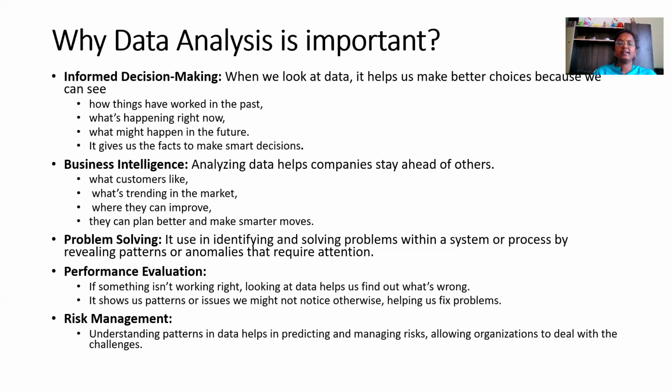So we can identify the problems from the patterns available in the data analysis. Performance evaluation: if something is not working right now, we can understand what's wrong in the data, and according to that, we can move on to the further process. It shows us patterns or issues we might not notice otherwise, helping us fix the problems.